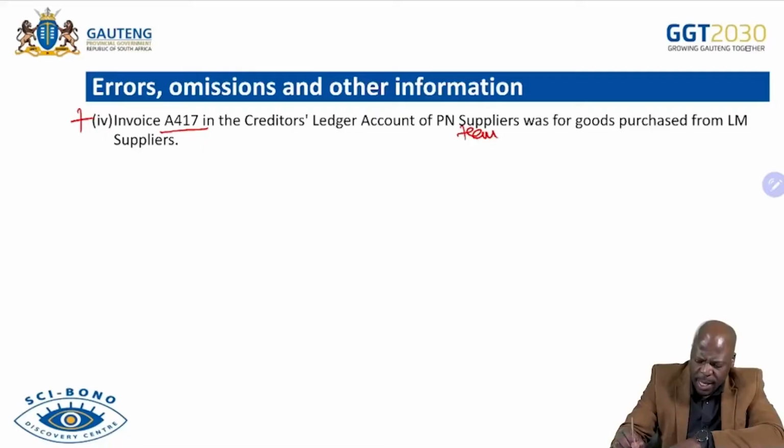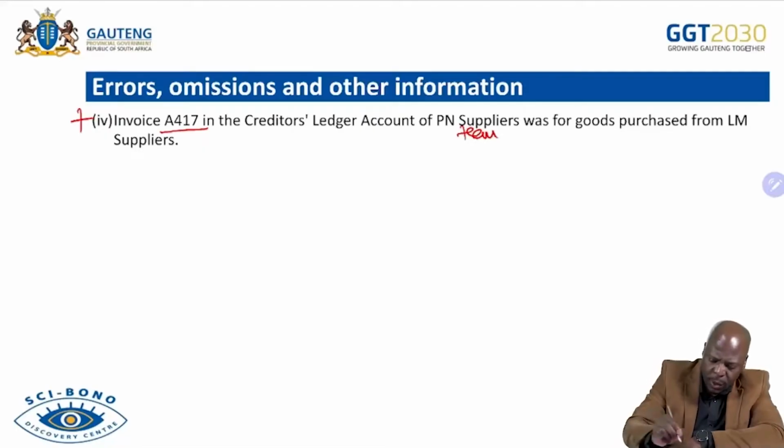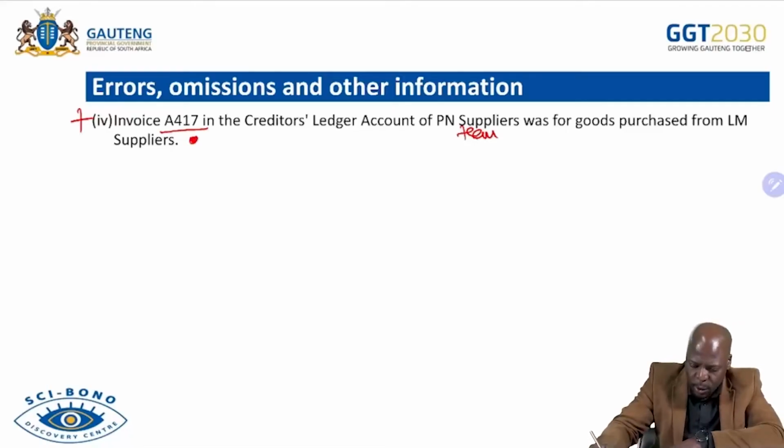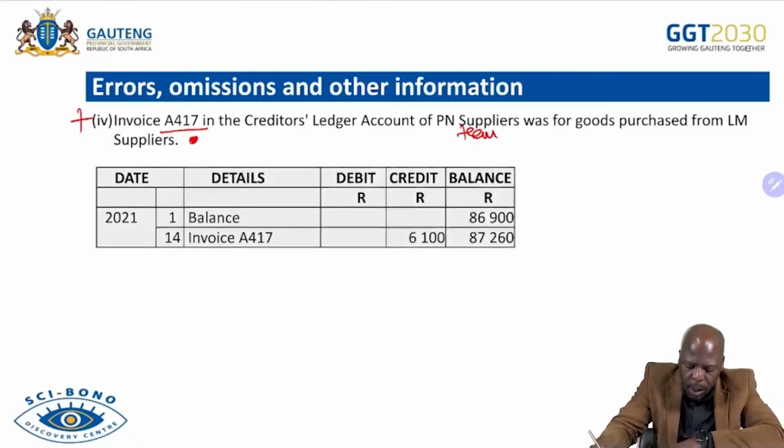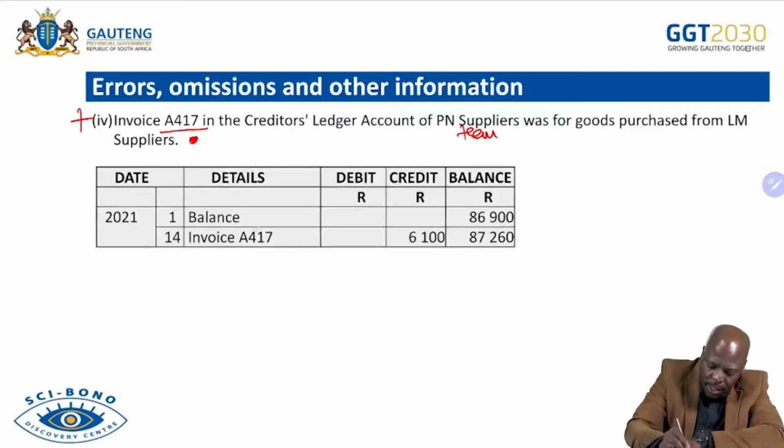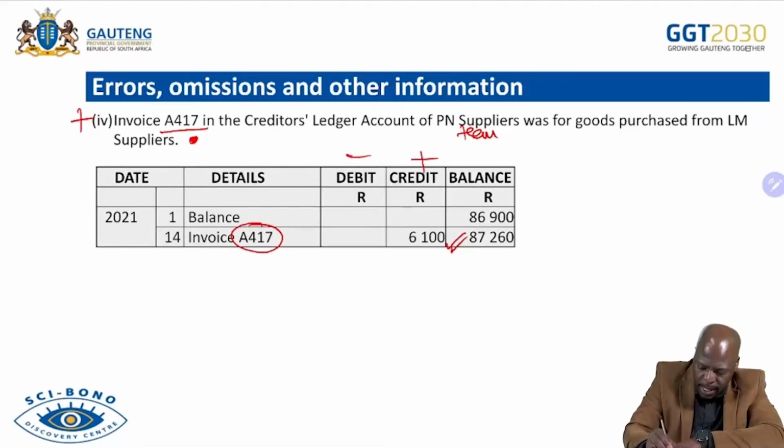Who is LM Suppliers? Okay, we don't know these guys. All right, now let's look into it properly. If we come to the ledger, you will find that we have invoice A417, 6.4, correct, on the right side. We added 6.1, but these goods were bought from who?